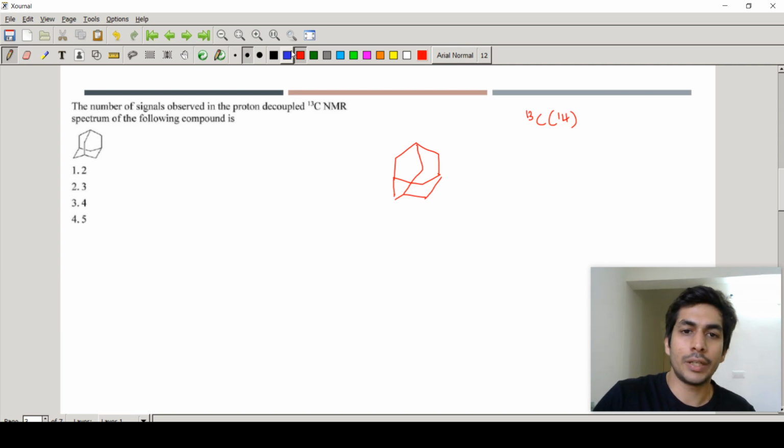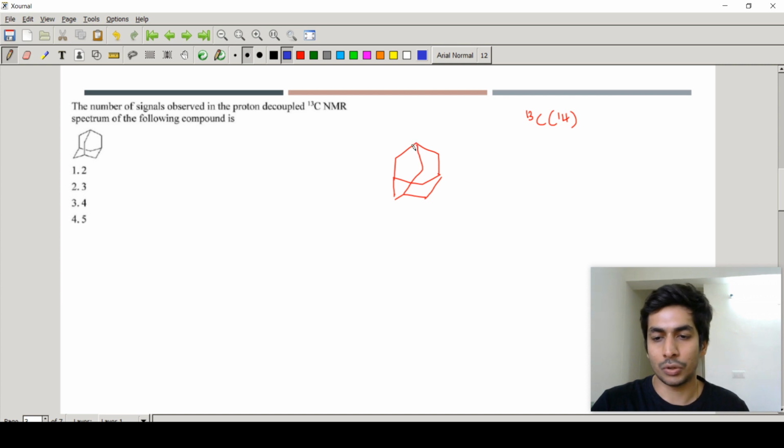is what? Alright, so we have to see the different kinds of carbons that are present. Those will be the number of signals that we'll get in the NMR. So I'll mark the carbons that look similar in blue. This carbon, and similarly this carbon also. These four carbons are similar.